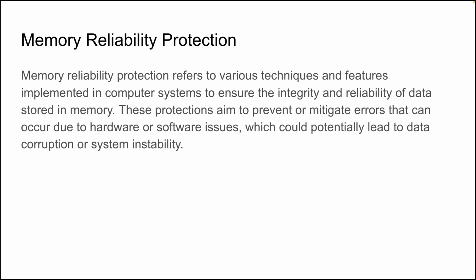So whenever you're working on big projects or you're transferring data, you definitely want to have memory reliability protection, and this includes regular backups, and we'll hop into the different kinds of backups here a little bit later, but definitely be aware of that and keep a mindful eye on how you can protect your memory as you work in organizations and as you work on personal projects yourself.